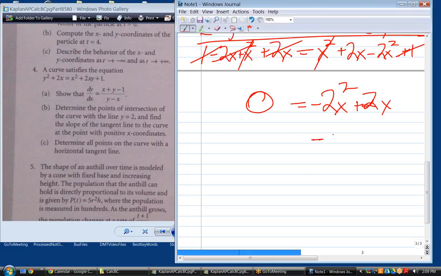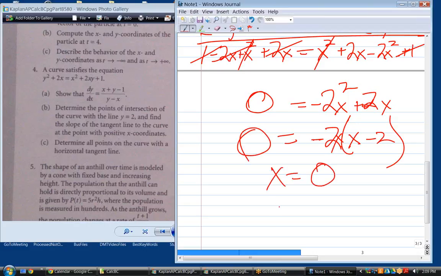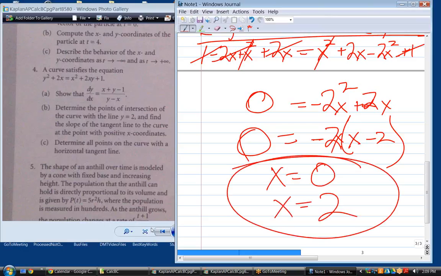I can factor out a minus 2x, leaving behind x minus 2 equals 0, which means at x equals 0 or x equals 2, we have horizontal tangent lines.